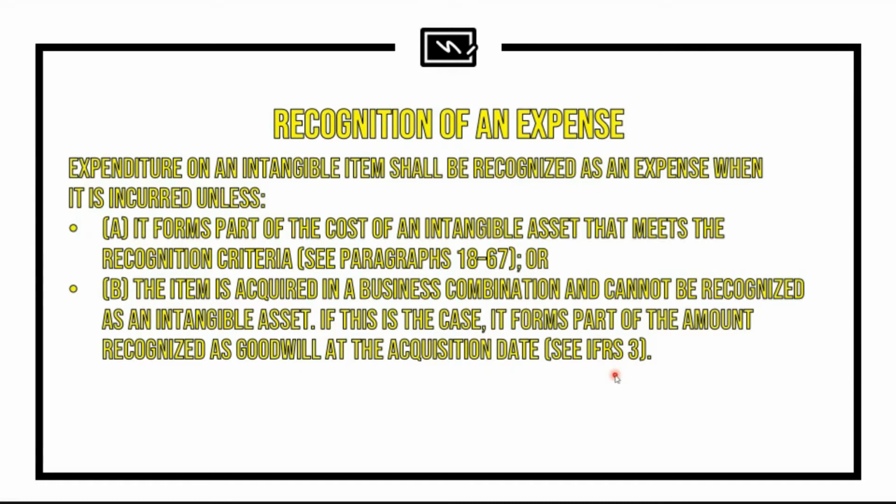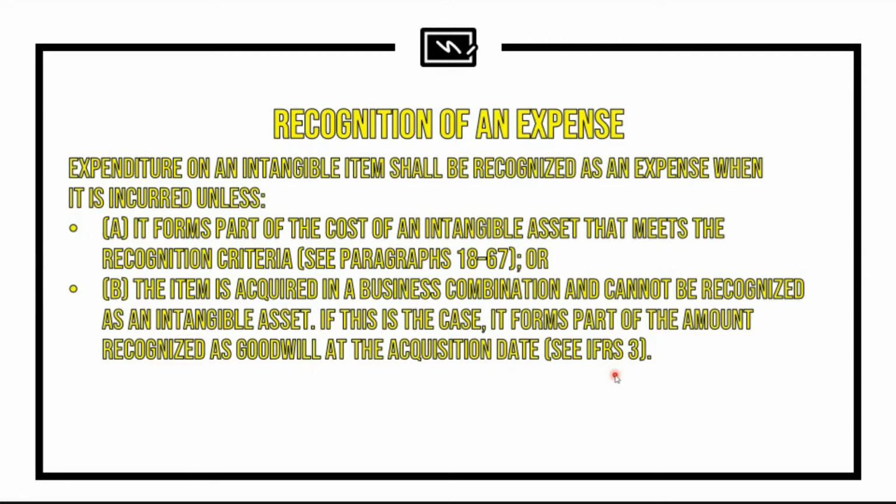So what are we trying to say here? Basically, if the item spent is not attributable to any particular specific item, then it is going to be recognized as goodwill. And of course, it was emphasized even in your lower years that goodwill should only be recognized in a business combination. So there is no such thing as internally generated goodwill.